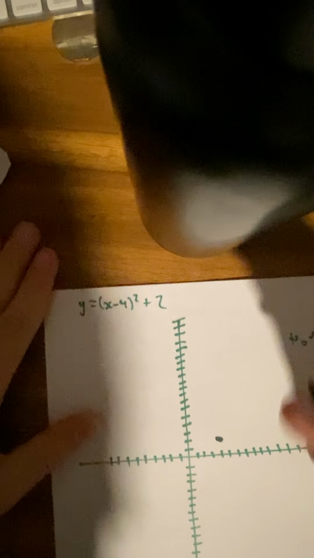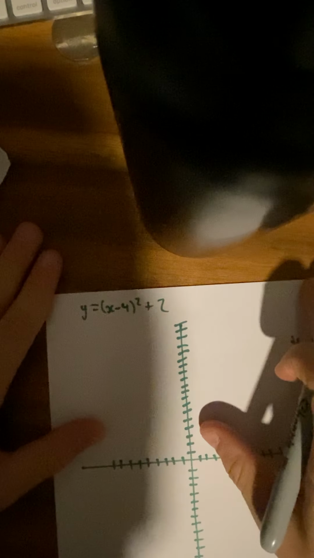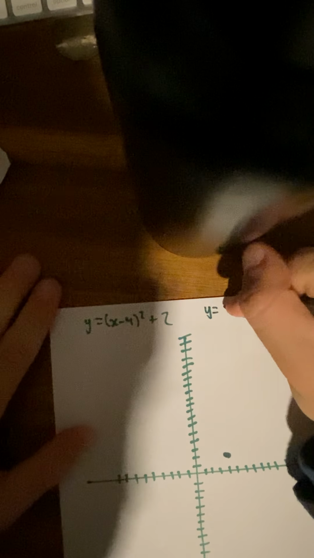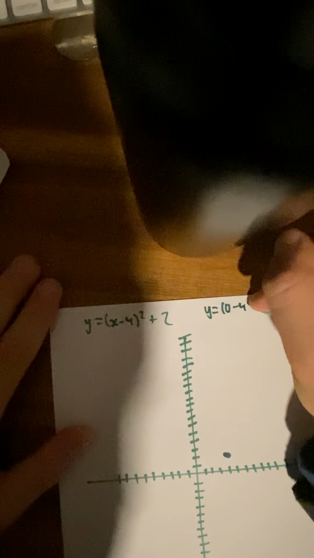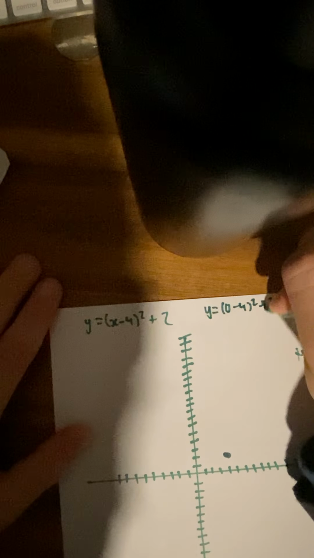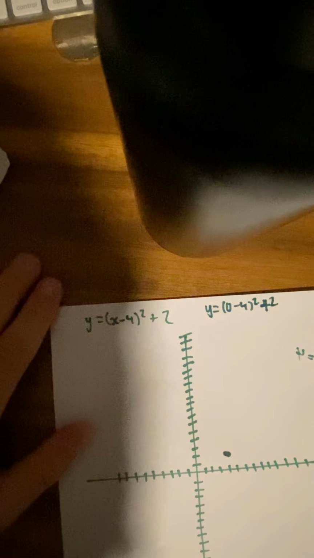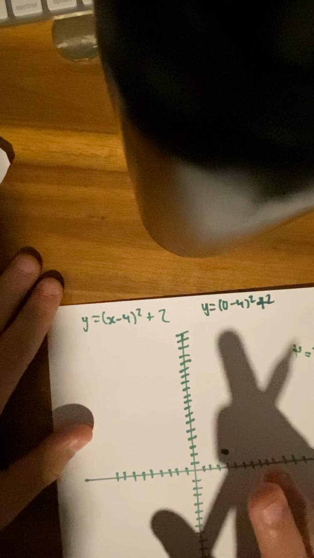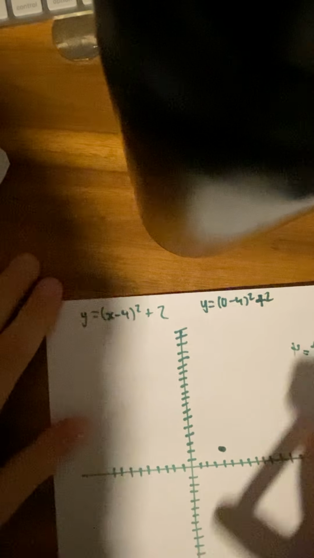Now next, like always, we need to find the y-intercept, which we do by letting x equal 0. Notice that this will not have any x-intercepts because it's been moved above the x-axis and therefore will not cross at any point.